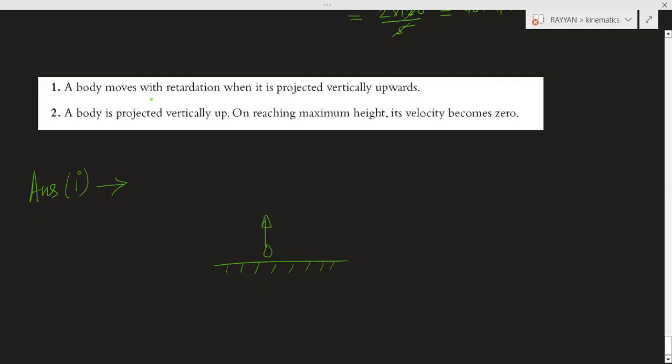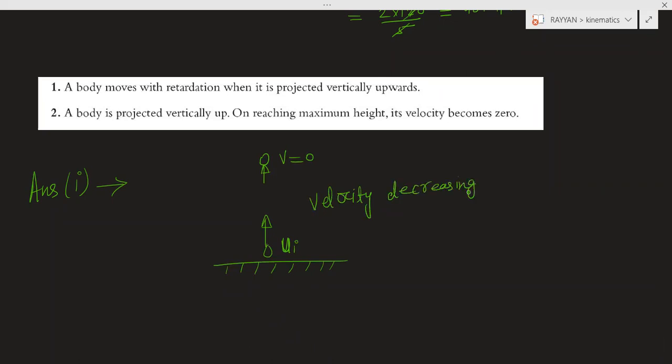When the body moves in the upward direction, at some point the velocity of the body will become 0. Here there will be some initial velocity. Is the velocity increasing or decreasing? Velocity is decreasing here. Why is the velocity decreasing? Because acceleration due to gravity is in this direction.